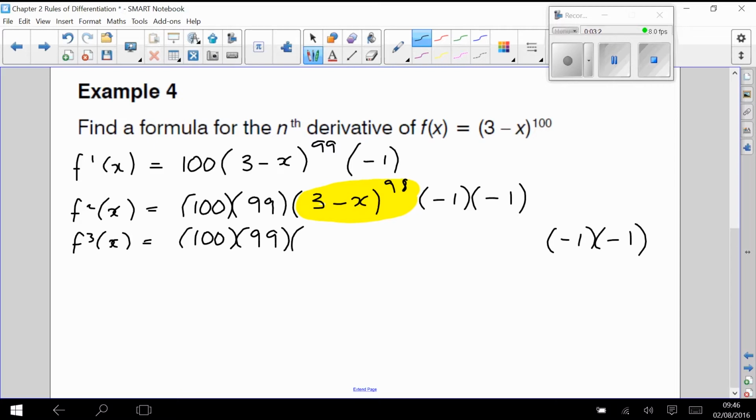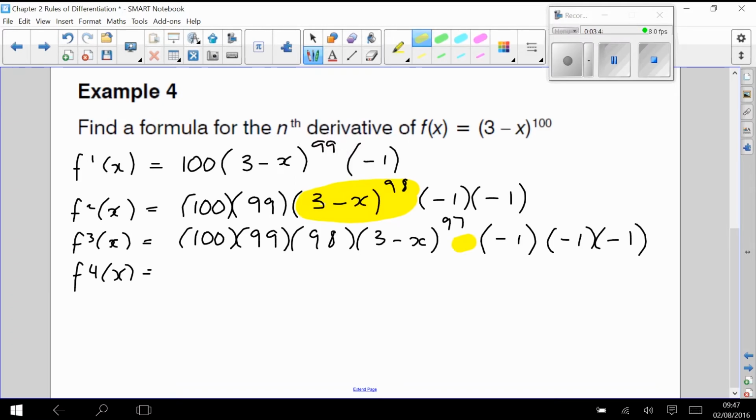I must now find the derivative of the bracket raised to the exponent 98, which gives me 98 times by the bracket to the 97, and that must still be times by the derivative of 3 minus x, which is minus 1. Let's go on and find the fourth derivative and see if we can find our pattern developing further.